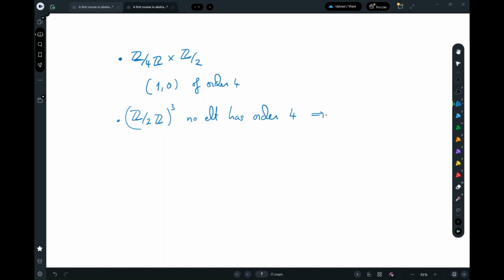Therefore Z modulo 2 cubed is not the same as Z modulo 4 cross Z modulo 2, because in here there are elements of order 4, while in here every element has order 2 or 1. The identity has order 1, the rest of the elements have order 2.